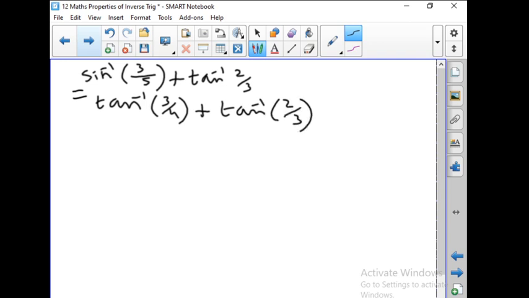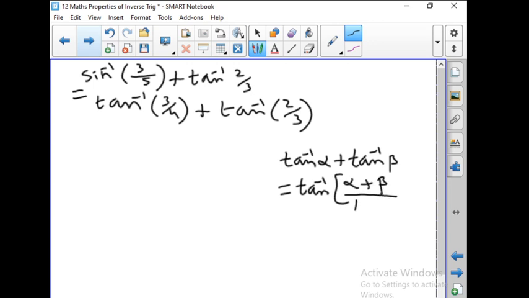Now we know an identity: tan inverse of alpha plus tan inverse of beta is equal to tan inverse of alpha plus beta by 1 minus alpha beta. This can be used here.